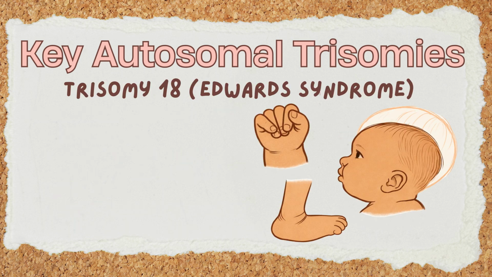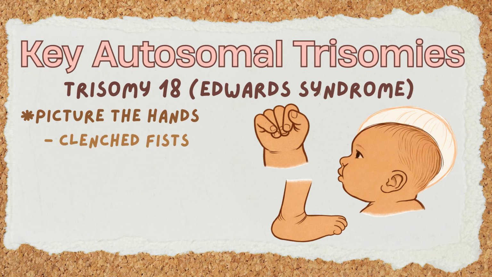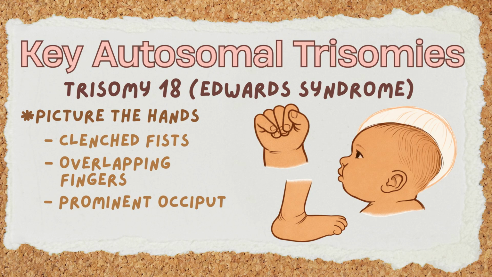Next, we have trisomy 18, or Edwards syndrome. Here I always tell people to picture the hands, which have clenched fists and overlapping fingers. Individuals with trisomy 18 also have a prominent occiput and growth restriction. This condition has a high mortality rate in infancy.